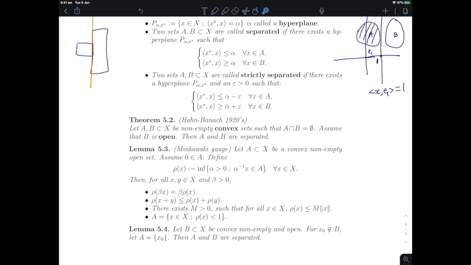First thing we have to do is prove this lemma 5.3. So show that this definition really gives us a norm that turns A into its open unit ball. Okay, so let's prove the properties of this Minkowski gauge of a convex non-empty open set. So first of all, let's prove property 1.